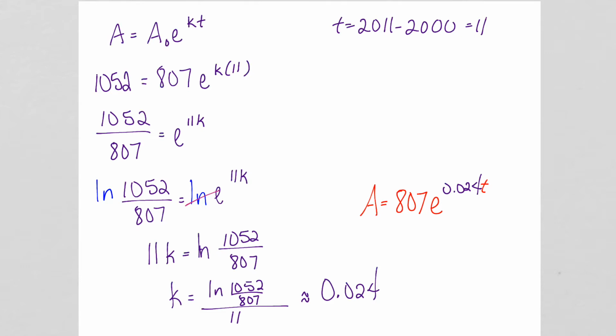If we plug in for one, we can find the other. And so with this function, we're asked a question. It says, by which year will Africa's population reach 2,000 million, or 2 billion?